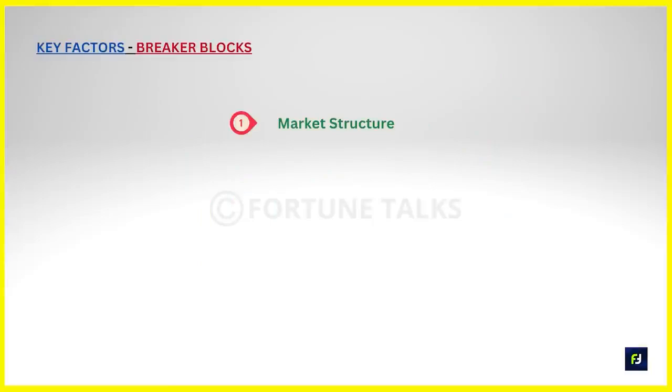Number 1, market structure. You need to identify the current market structure before looking for breaker blocks. Market structure includes defining the market direction, supply and demand areas, higher time frame key levels, liquidity areas, etc. Number 2 is validity. Make sure the breaker block you identified is valid.